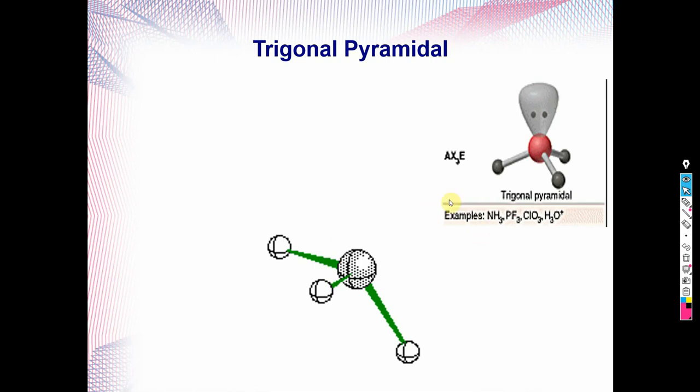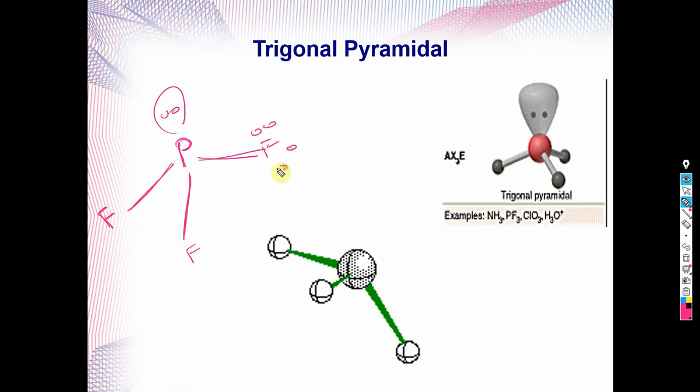And trigonal pyramidal, we have seen many structures of this. So for example, if we take PF3, phosphorus is going to be the central atom. Phosphorus is in the same group as nitrogen. That means it will have 3 bonds and a lone pair, and here we have 3 fluorines, so each fluorine is going to have only 1 bond.